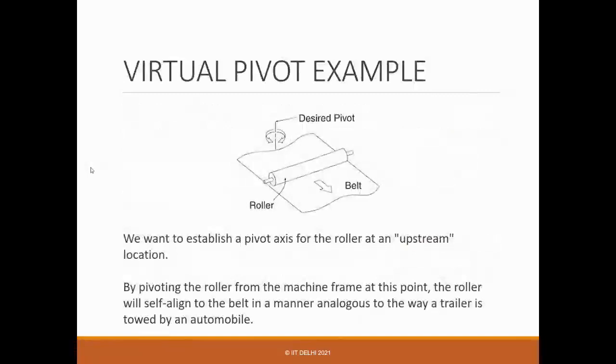So some more examples. Suppose you have to convey very thin sheets of material, and you sometimes need a roller to get them in place. Suppose this is the desired point through which this roller should be supported. Since the material is passing, you cannot have this going.